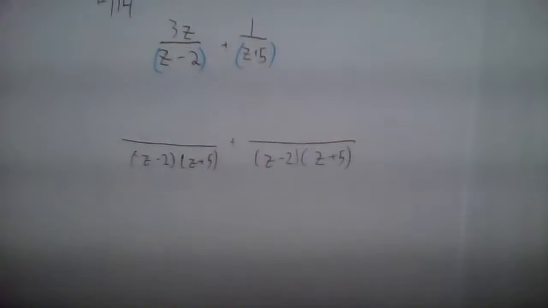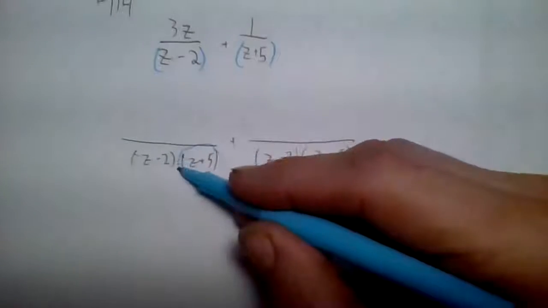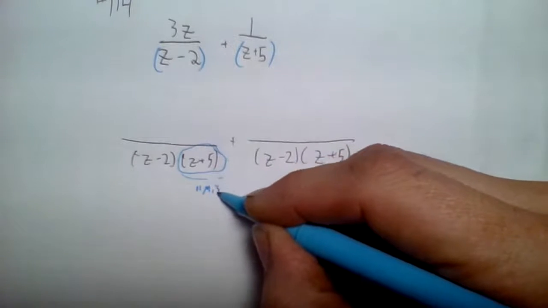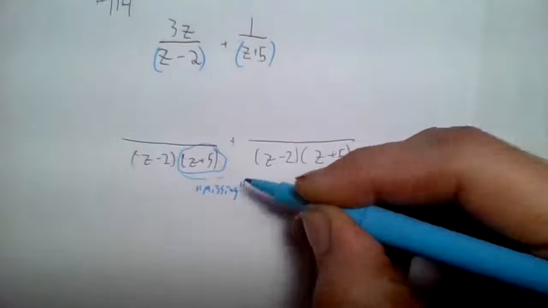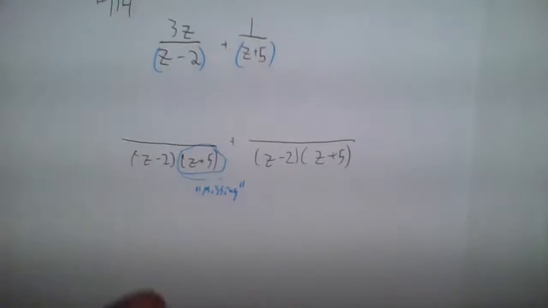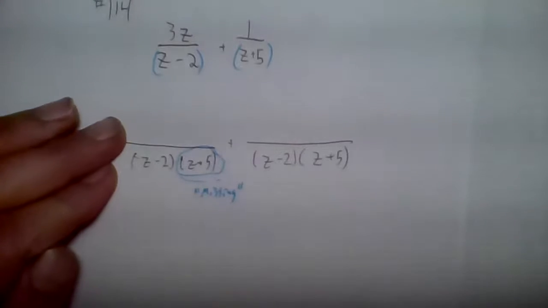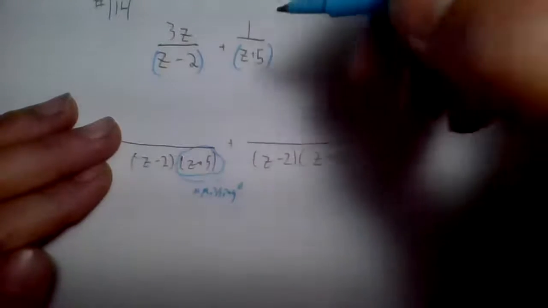And it's obviously the z plus 5 factor. That's the new one. So if I have it written separately, I can identify the sort of missing factor. And that's the key step to those. If I recognize to turn this into a fraction that has this denominator, I'm missing the z plus 5. So that's what I have to multiply by.